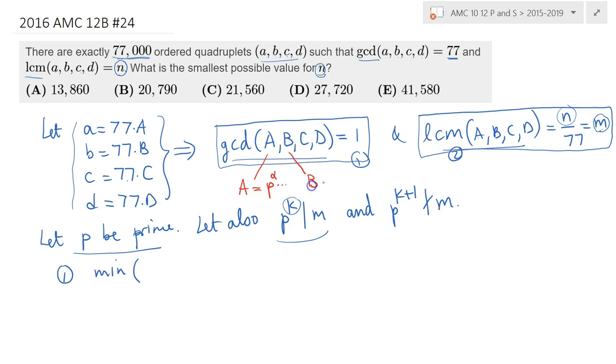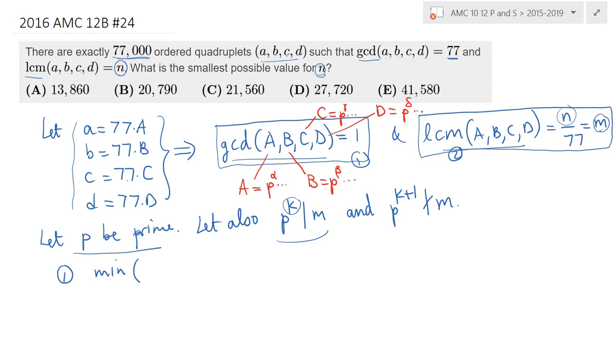Capital B has p to the power beta and then some other primes. Capital C has p to the power gamma and some other stuff in it. And finally D has p to the power delta and some other stuff in it.